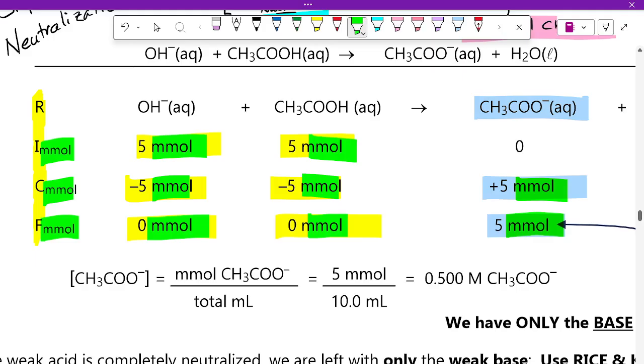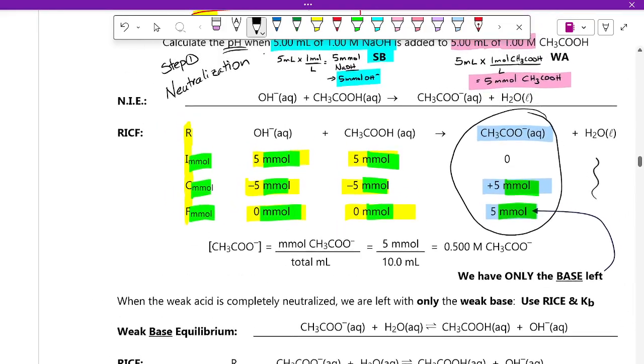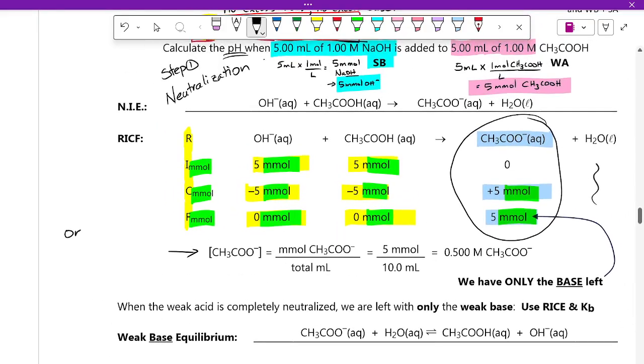So now we have the only thing left after neutralization. Okay, there is sodium, but we don't care about sodium because it is a spectator, right?